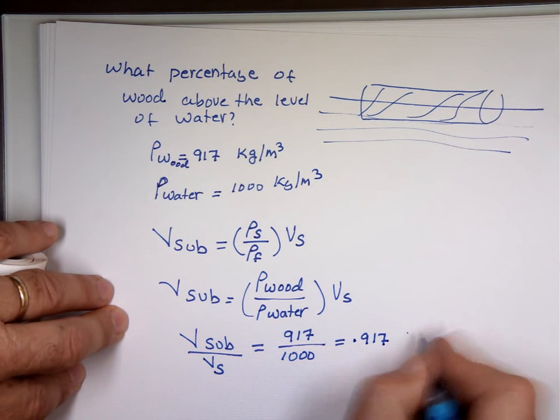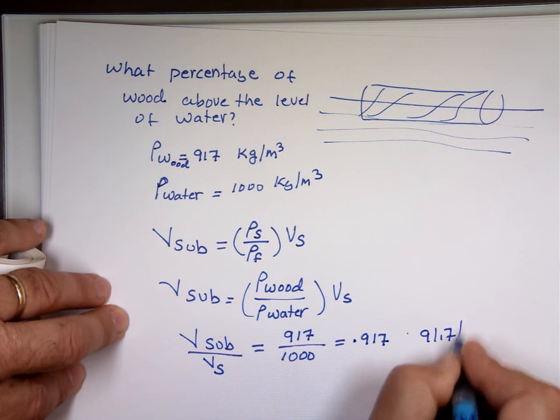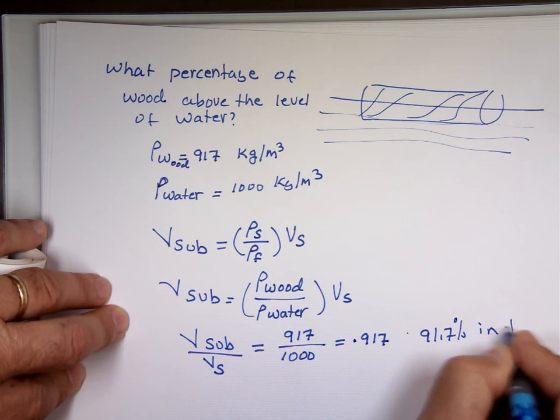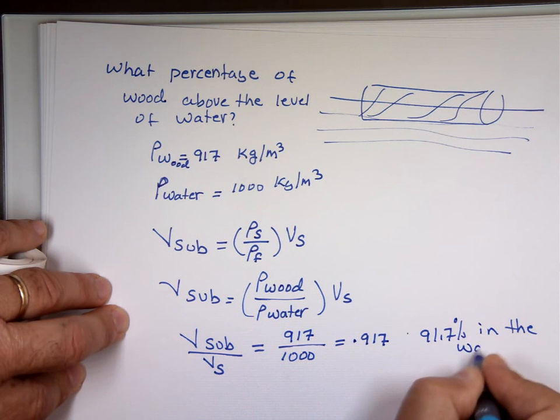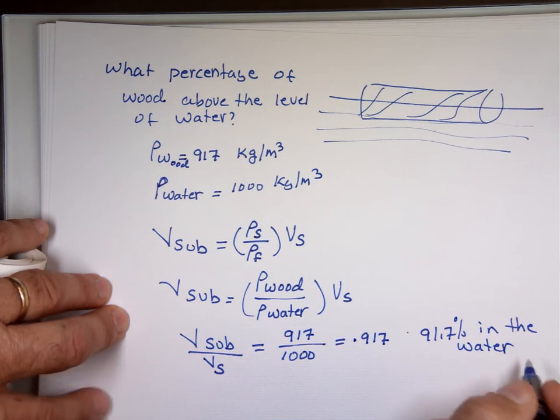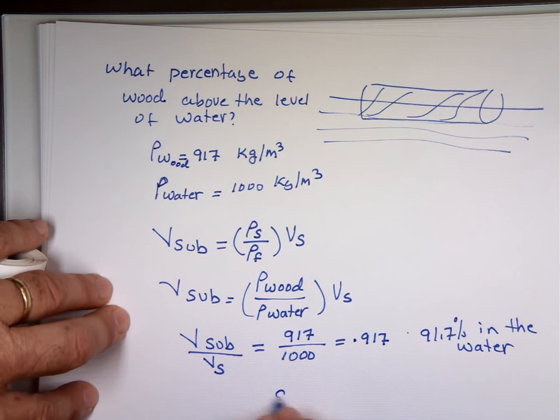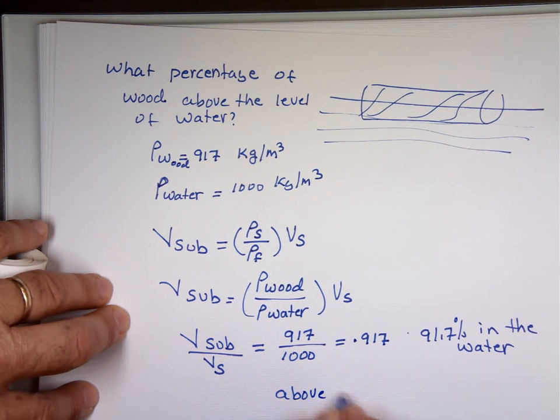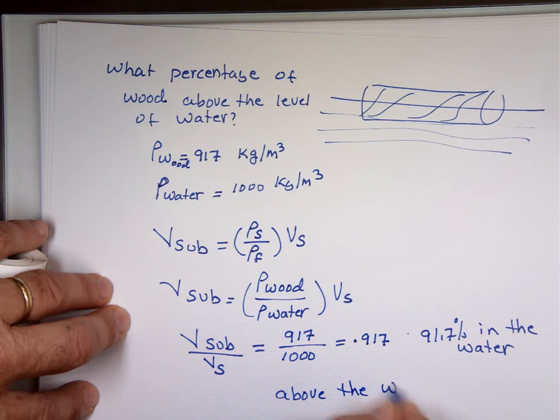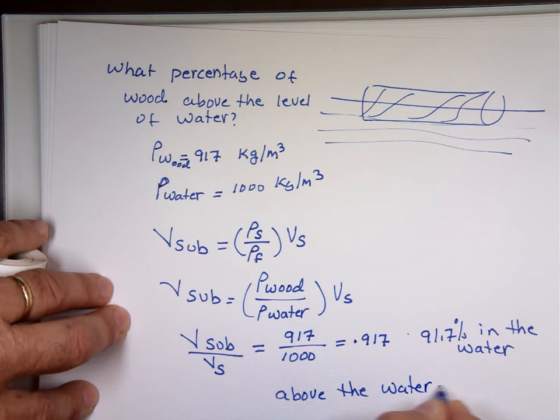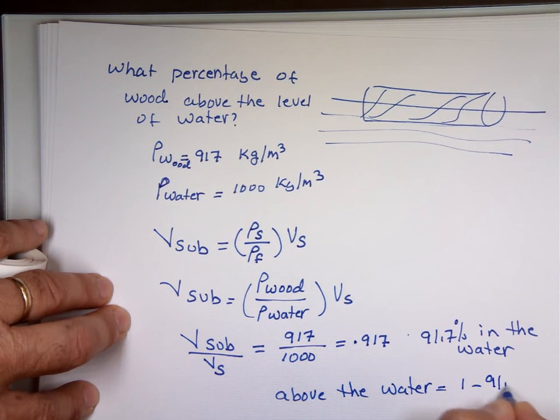91.7% in the water. So how much above the water then? Above the water is going to be what? Isn't that 1 minus that number? Which is what? 8.3%?